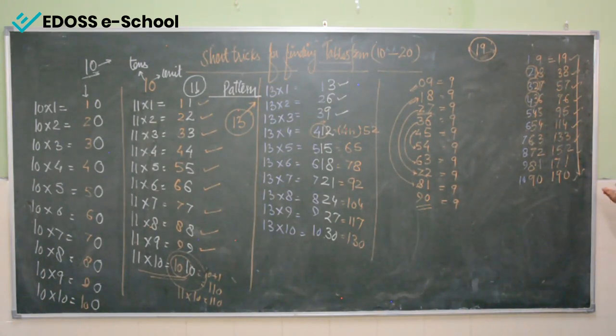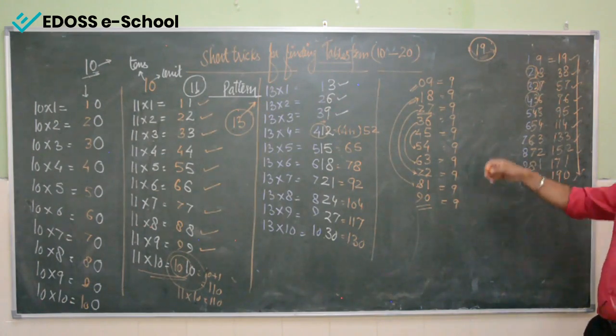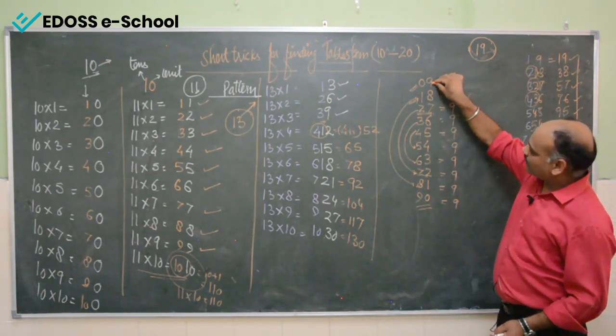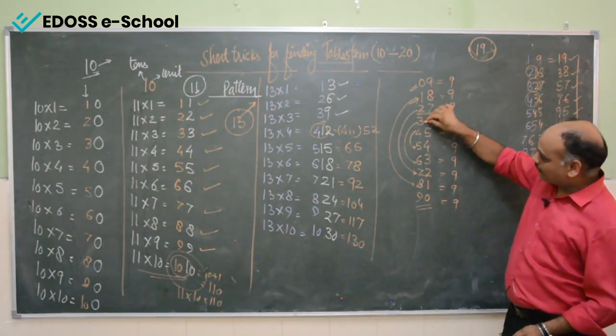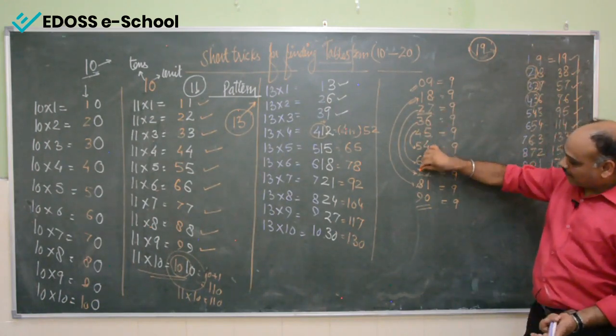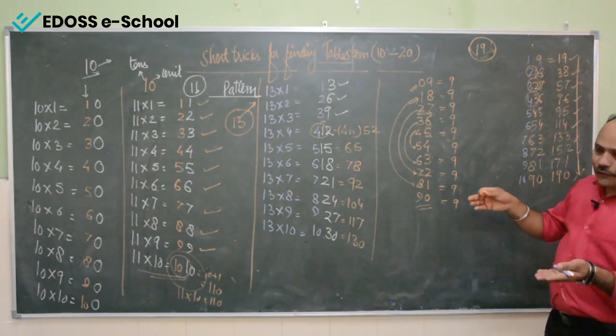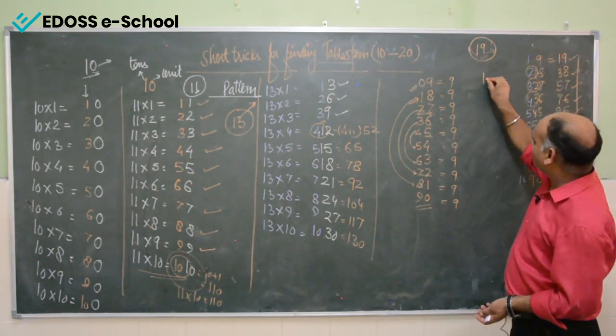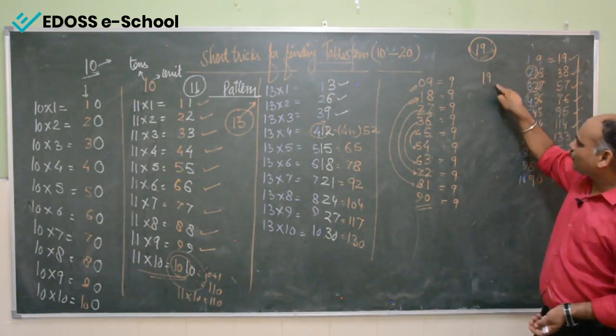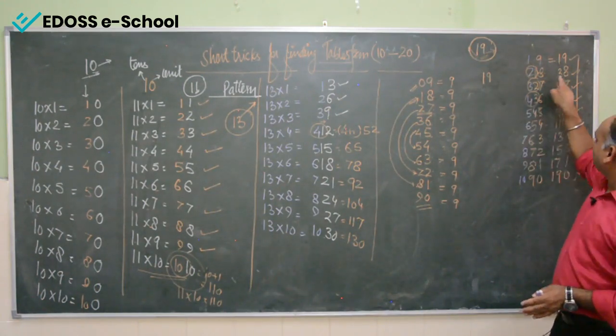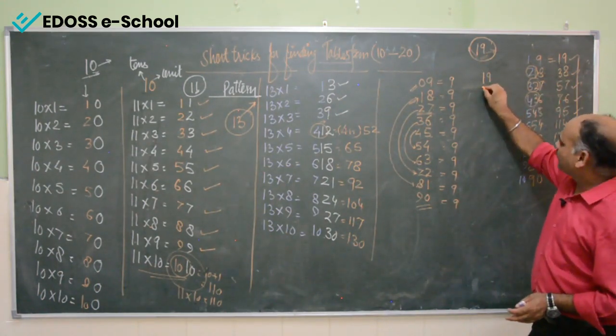The second method, you can also see, is the relation between 9 and 19. In the case of 9, this is 9, 18, 27, 36, 45, 54, 63, 72, 81 and 90. In the case of 19, what do you have to write? First write 19. 19 into 1 equals 19. 19 into 2 is equal to 38. Then 57.